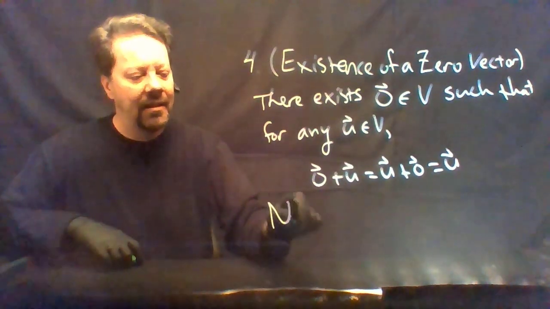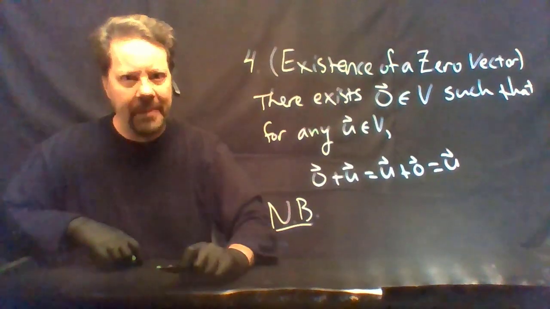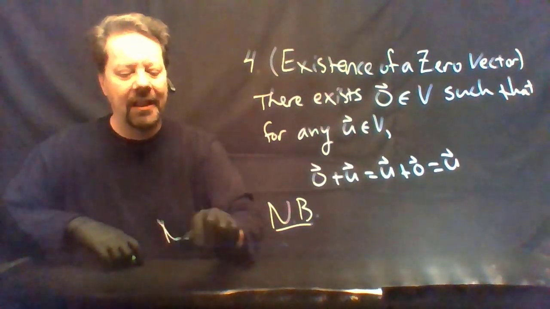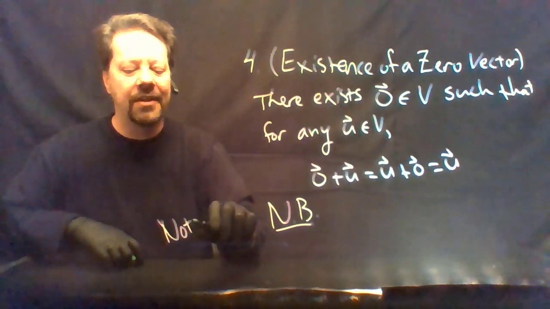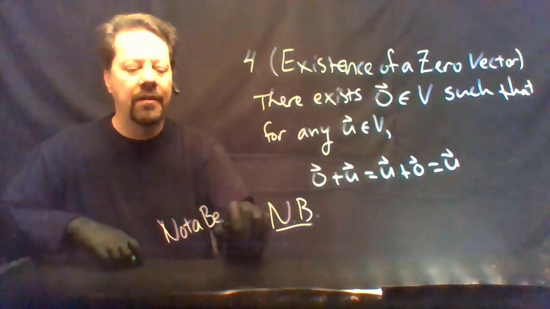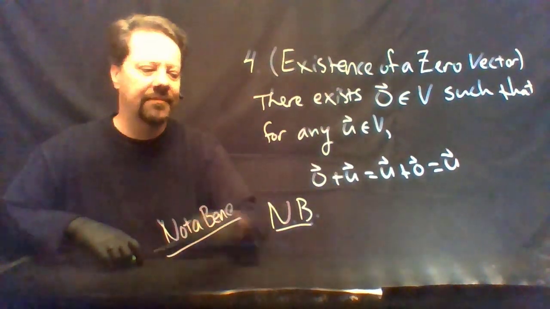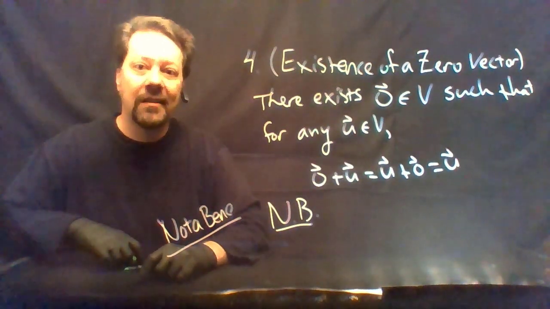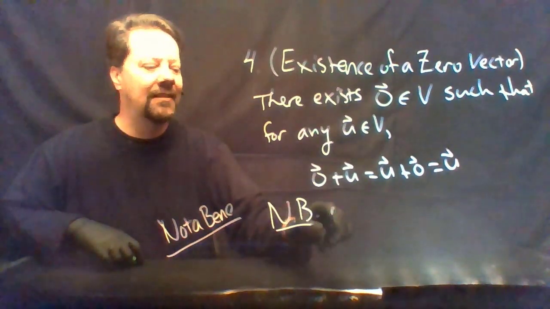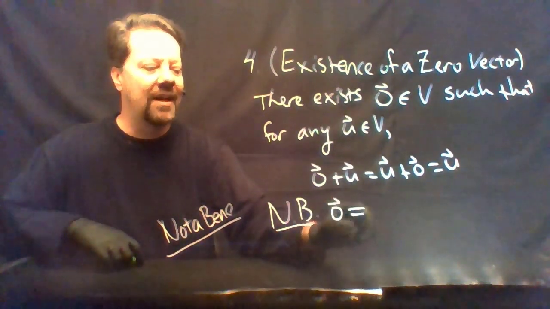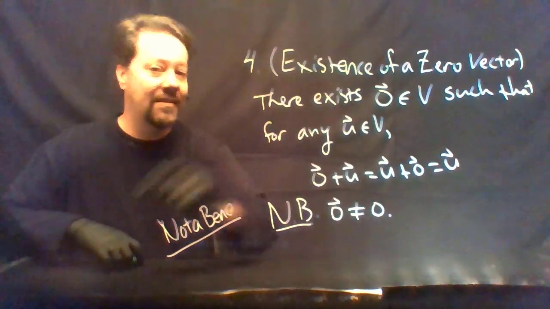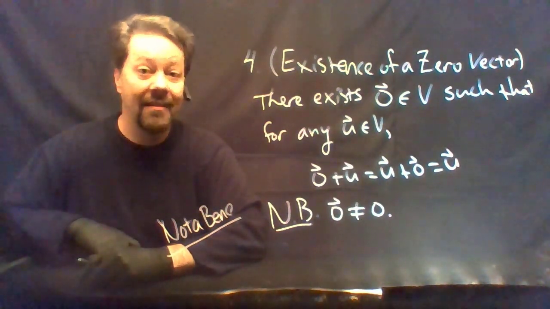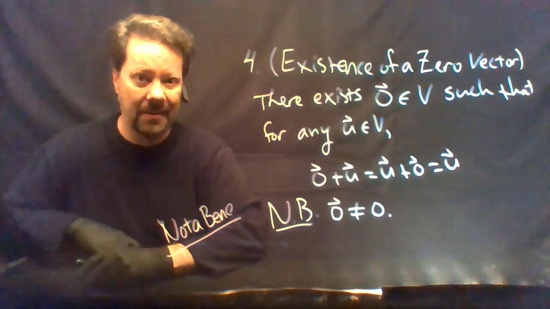But, nota bene. NB is the abbreviation for nota bene, which means in Latin, note well. Zero is not necessarily the same thing as the zero scalar. They may be completely different animals.